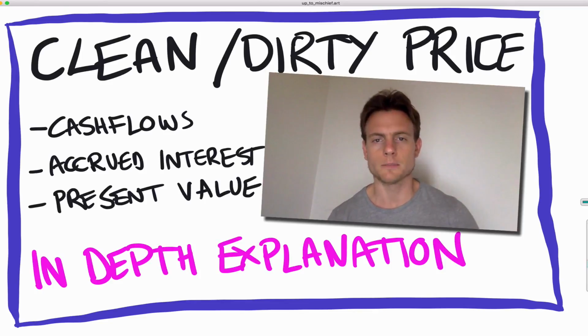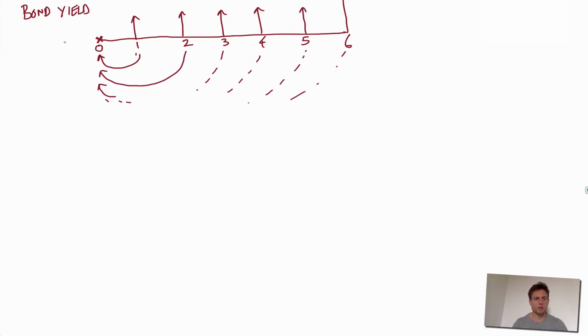So let's get started. This is a common scenario that we've all seen, right? The bond yield, as we saw in the previous video, is the discount rate which we use to discount all of the cash flows. PV, or the price, equals the present value of all of the cash flows discounted back to present, right?